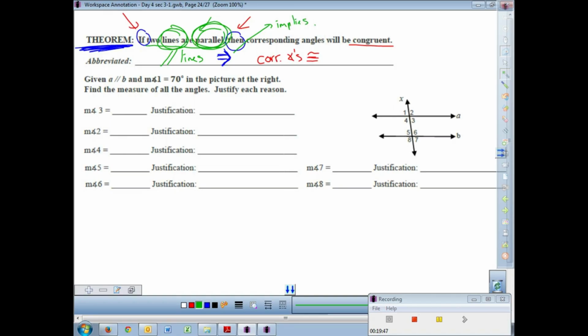And let me tell you, it's a pain in the butt if you don't know what it says. So this says parallel lines implies corresponding angles congruent. One more time. Parallel lines implies corresponding angles congruent. Now, every time you write that down, you should say it to yourself, because otherwise, if you don't say what it means, here's what kids think.